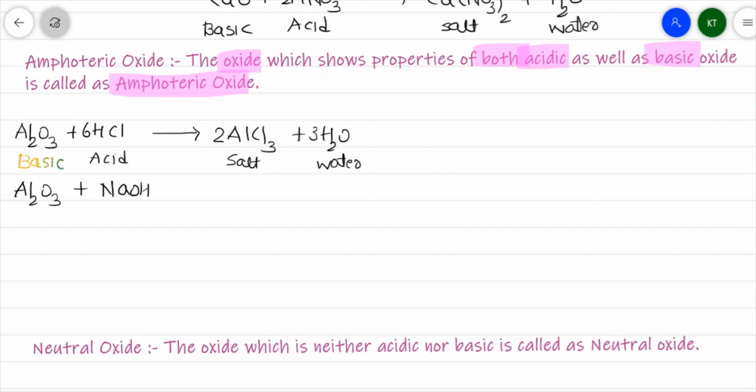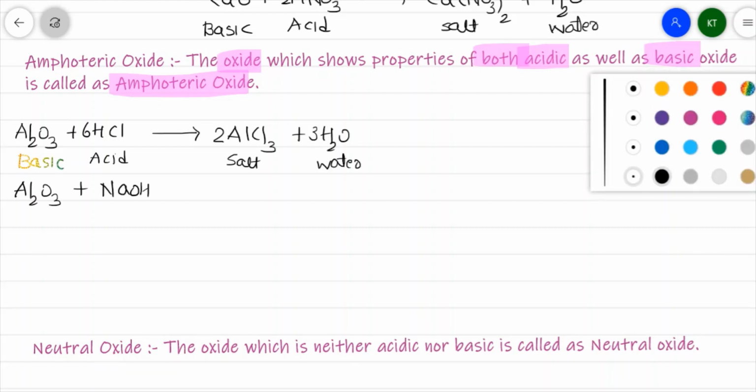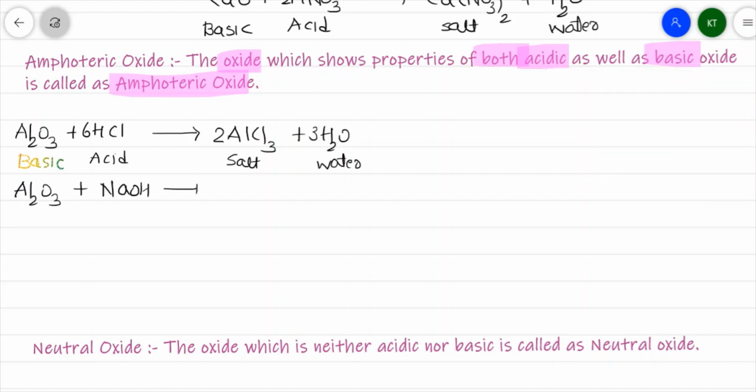Now let me take another reaction here. Al2O3 reacts with NaOH. It gives me NaAlO2 plus H2O. To balance, I have 2 aluminium, so let me take 2 sodium here also.